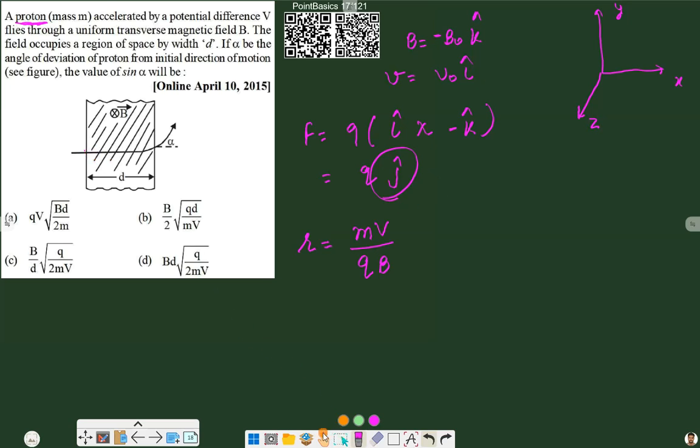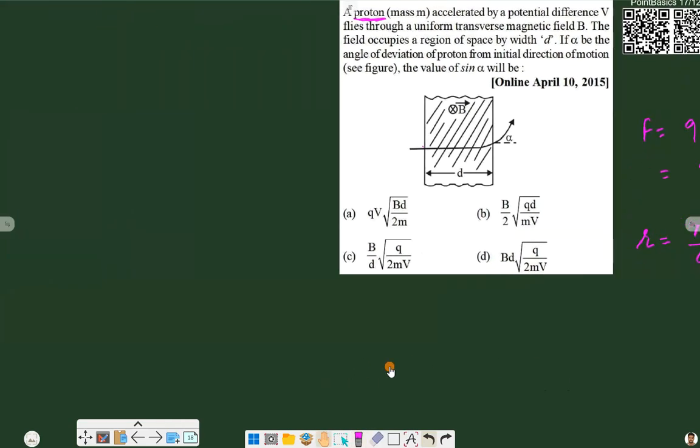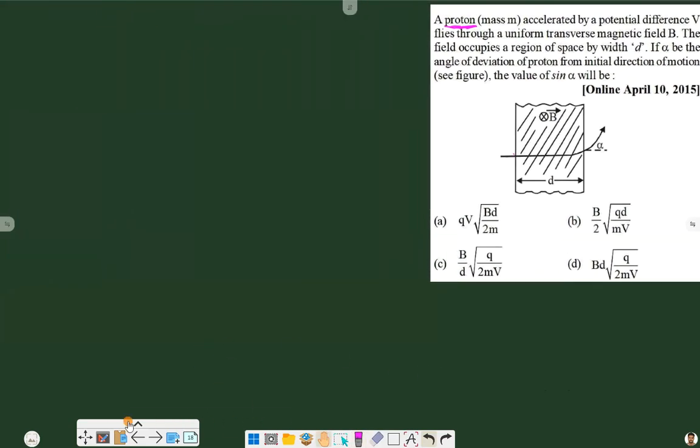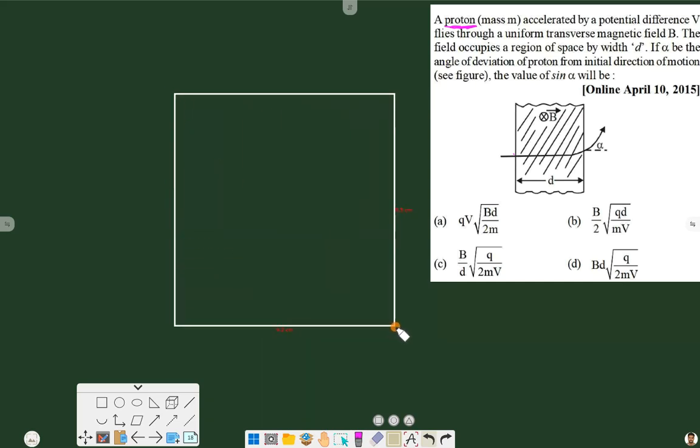Let me clear that for you. Suppose we have a region of magnetic field, and here the magnetic field is inside the paper, and we are talking about a positive charge.